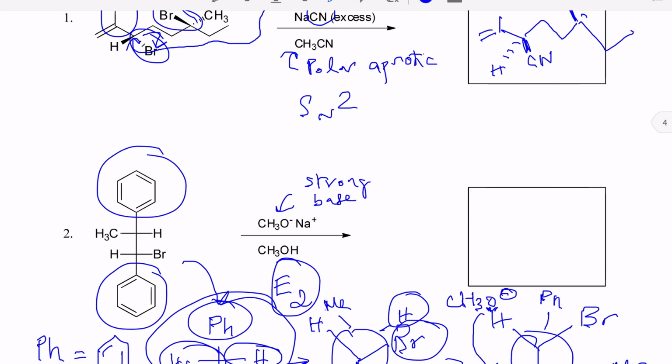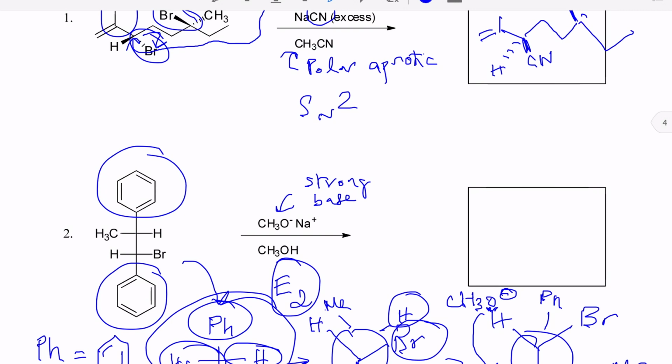And in doing so, the pair of electrons that was connecting the molecule and the hydrogen migrates in such a way that it actually forms a double bond. So this goes into the space between these two ends of the molecule.